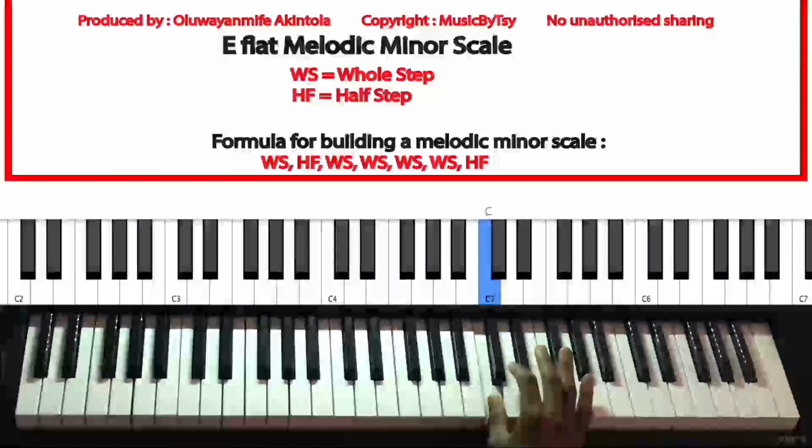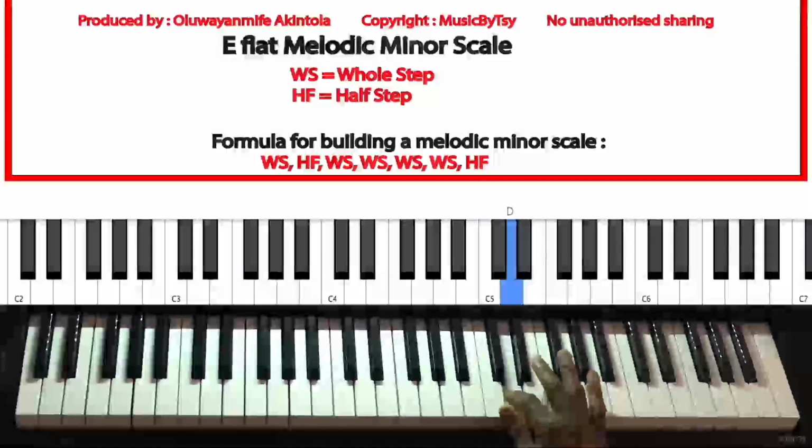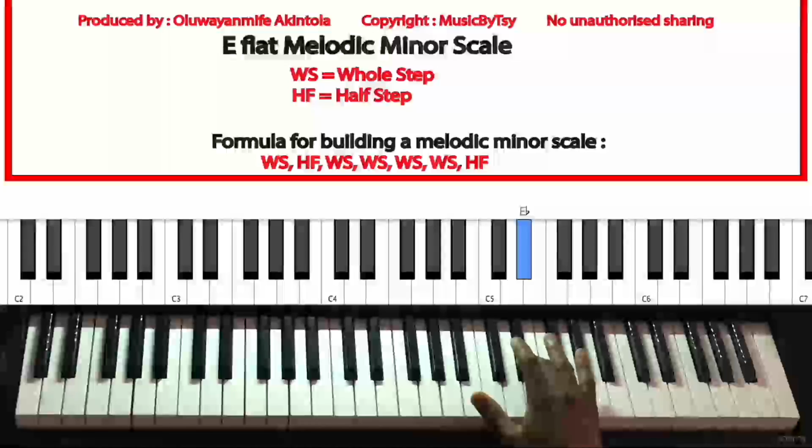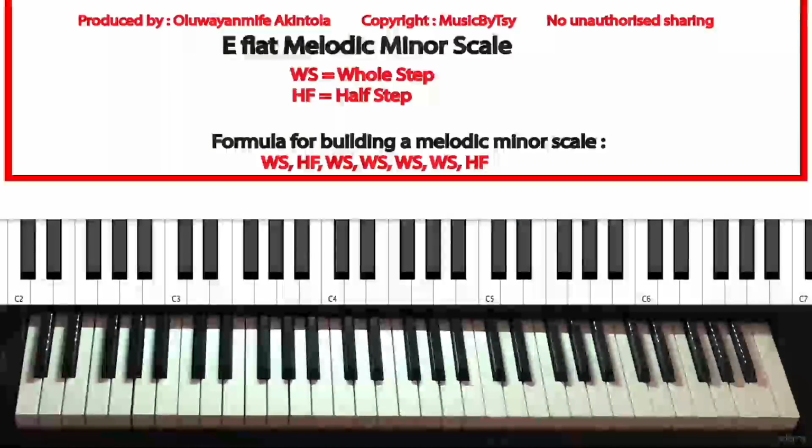It is going to be the key of D. And then we are going to finish on the key of E flat. See that? So that is the E flat melodic minor scale. So that is another method by which we can build the E flat melodic minor scale.